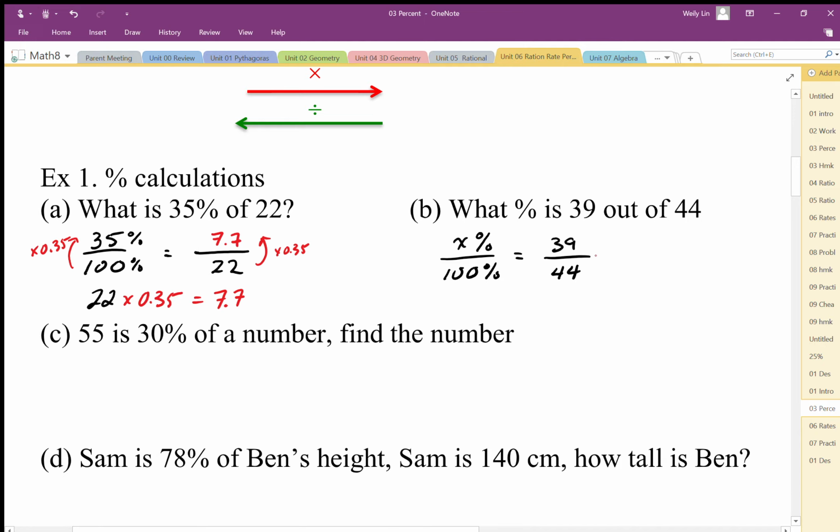So 39 divided by 44 works out to be about 88.6%. So I'm going to round that to 89%. And this ends up being our decimal multiplier, or since our decimal multiplier is our decimal percentage, we can convert that to approximately 89%.